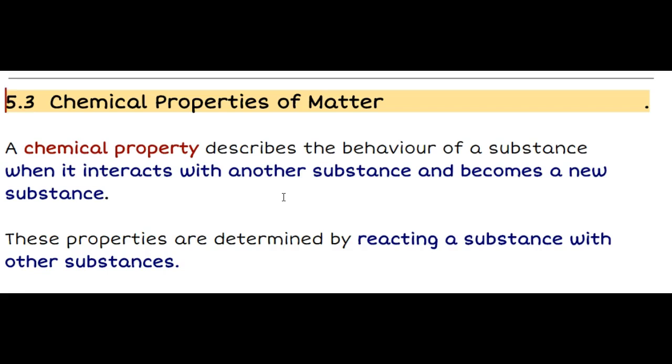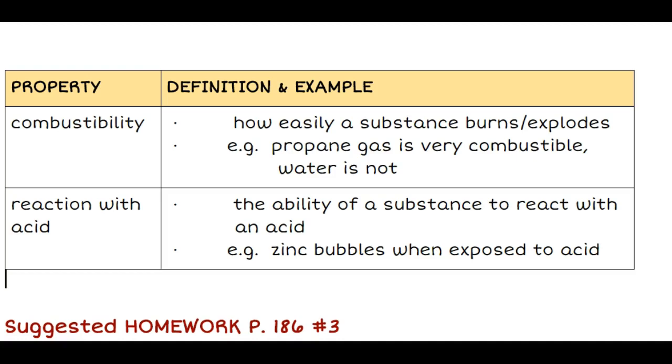So often what we'll do in order to identify the chemical property of a particular type of matter is we will create a situation where we react it or put it next to or in close proximity to another substance under some specific set of conditions. So let me give you a couple of examples of chemical properties, and there are many.